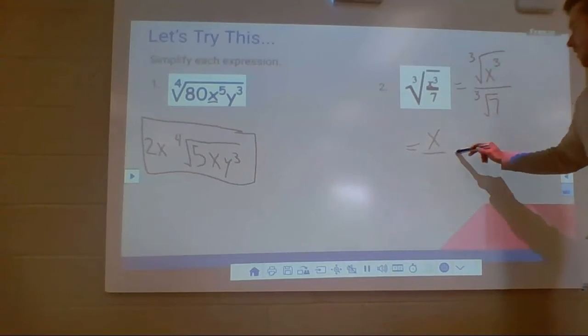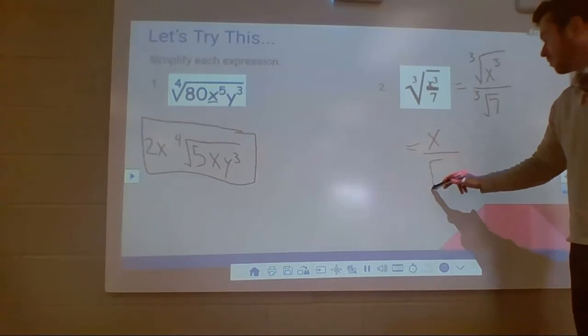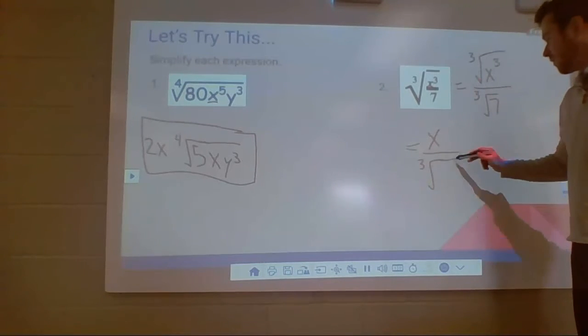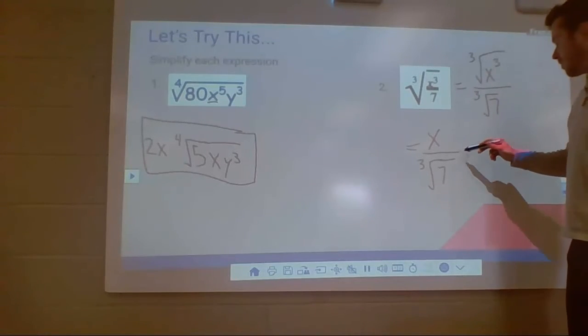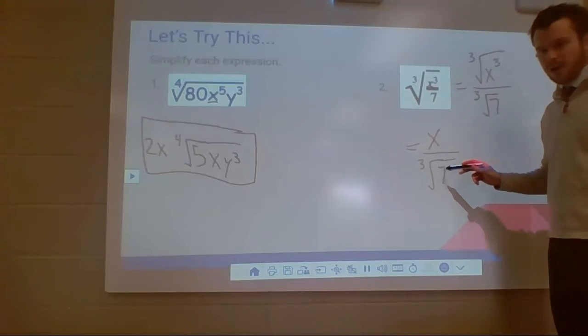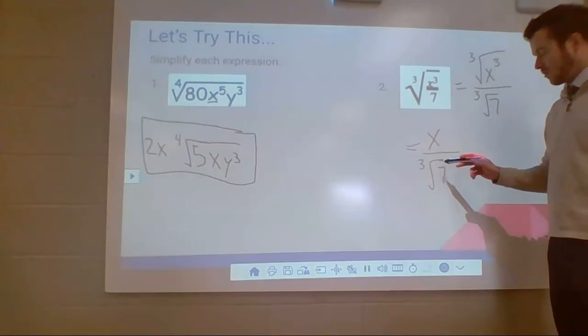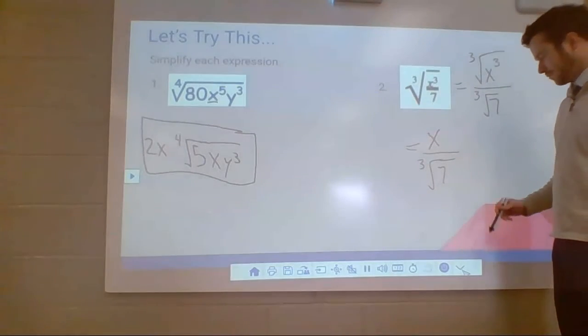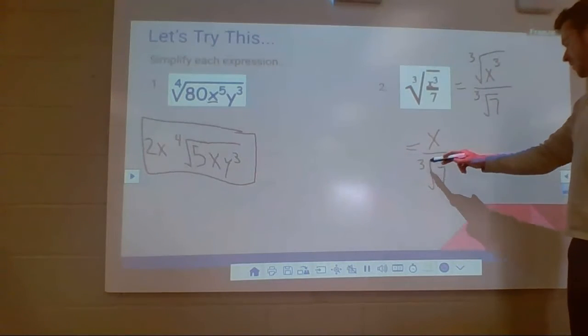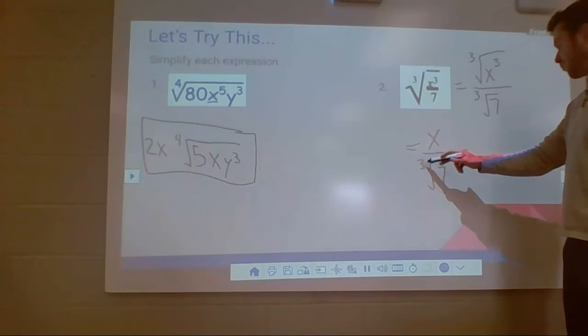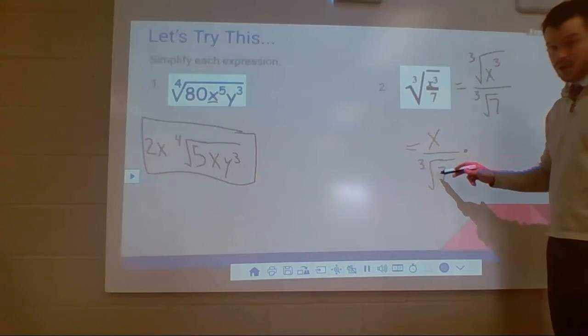Now, we still have the cube root of 7 in the denominator. Well, this part might be kind of tricky, so make sure you're paying close attention. What I'm going to do is I want to simplify the radical. I do not want to have a radical left in the denominator. So what I have to do to rationalize, that's what we call this, we call it rationalizing.